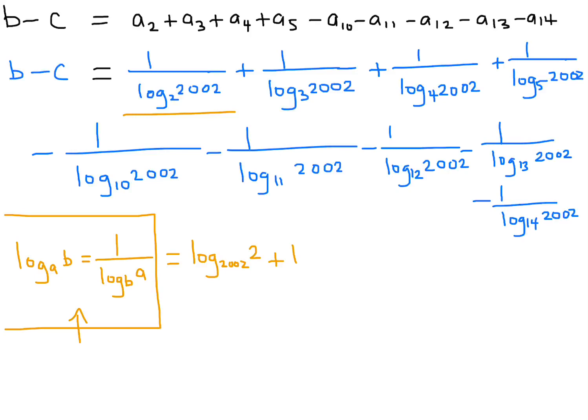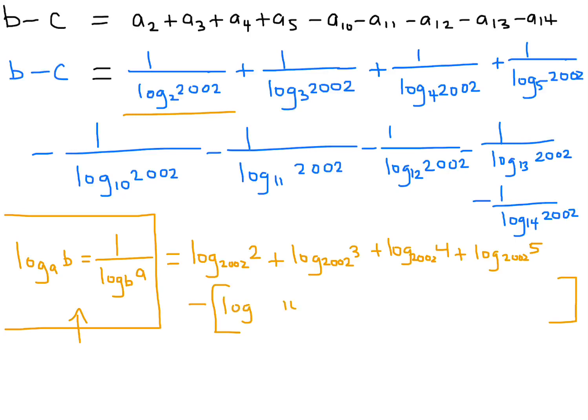And similarly, all of these flip as follows, like this. Log of 4 to the base 2002 plus the log of 5 to the base 2002. All right? And then you're subtracting a whole bunch of them, but we can apply the same rule. They all flip as follows.